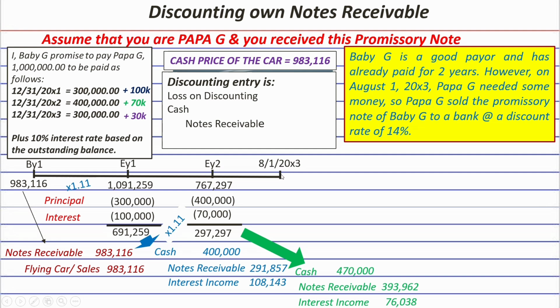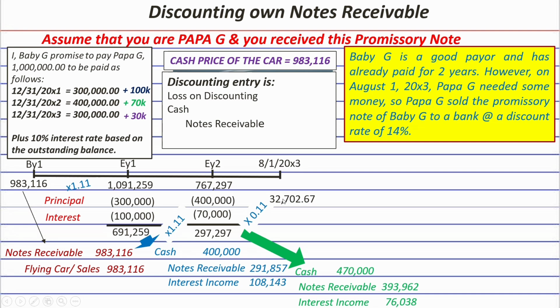Okay? Now, from here to here is 7 months, right? So meaning, you are entitled to 7 months interest, aside from this 297,297. So, let's compute that. 297,297 times 11%, and we have 32,702.67, which is the interest for 1 year.